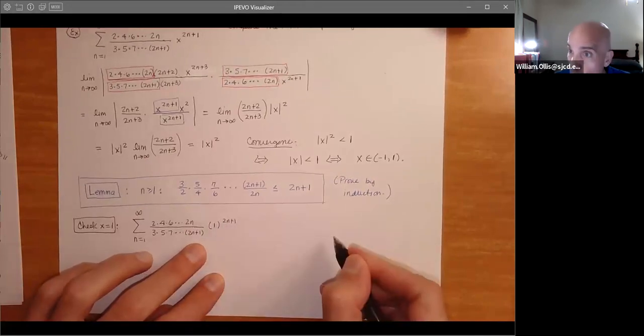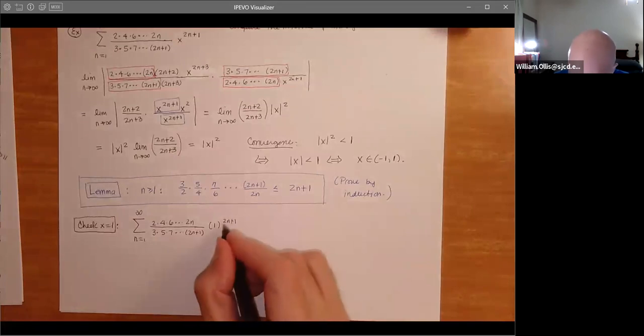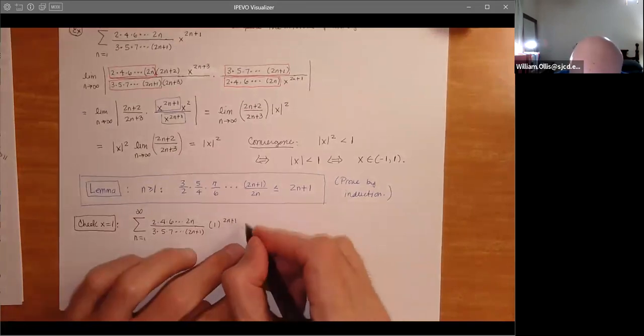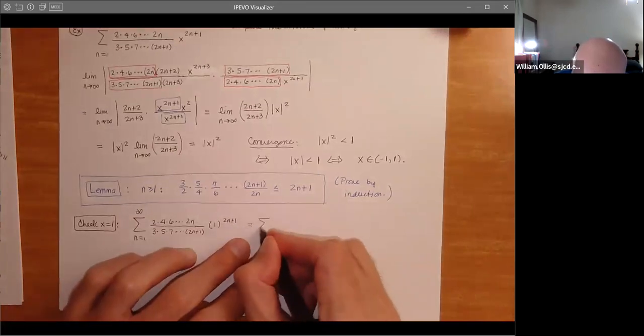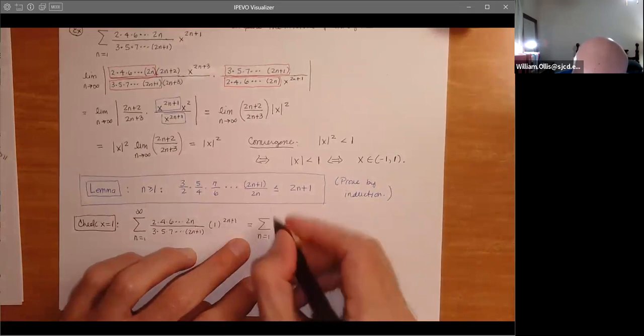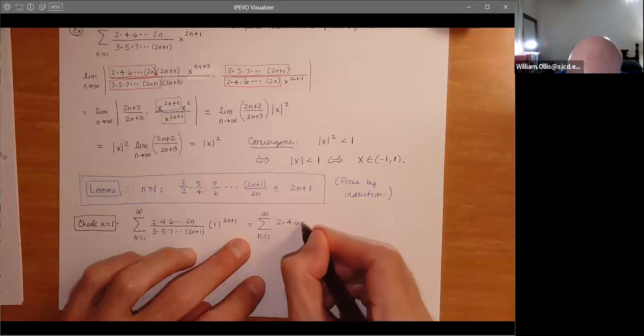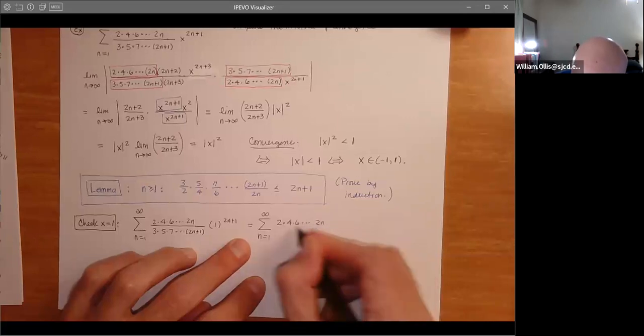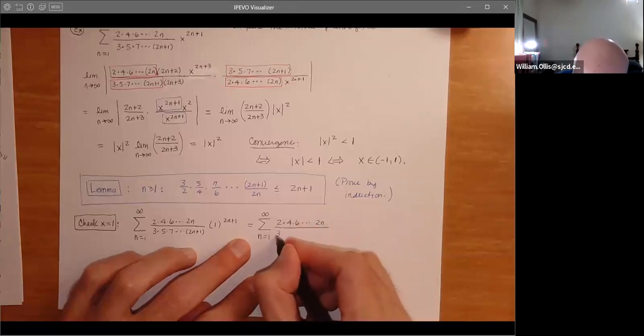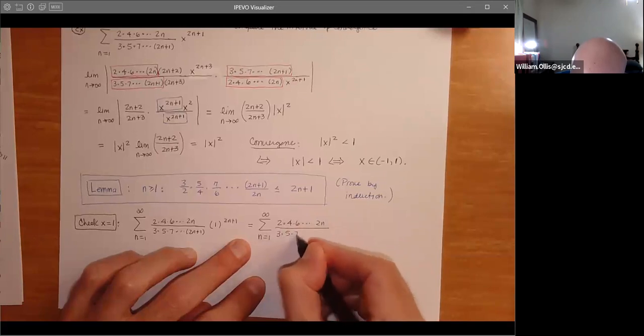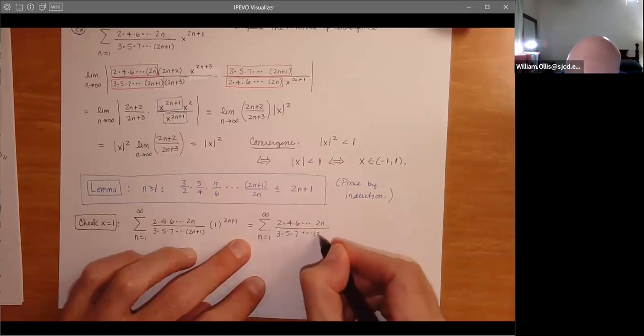Well, that's just 1. And of course, we don't have to worry about a 0 in this case, so we're off the hook. So this gives us this series, n equals 1 to infinity, 2, 4, 6 to 2n, and then 3, 5, 7 to 2n plus 1.